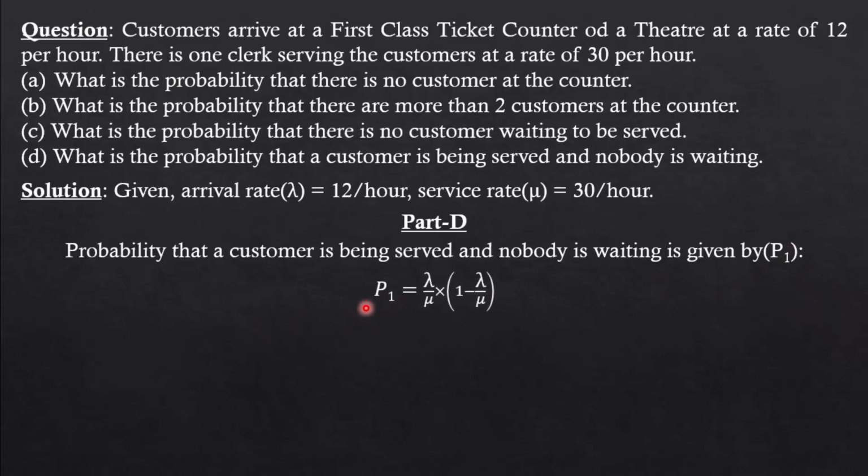So the probability of having one person in the system is given by lambda by mu multiplied by 1 minus lambda by mu. Let us put the values of lambda and mu here, and it is coming as 0.24, or we can say 24%. So 24% is the probability that a customer is being served and nobody is waiting.